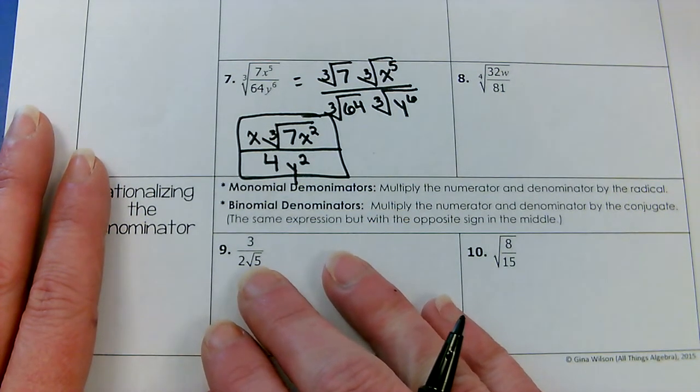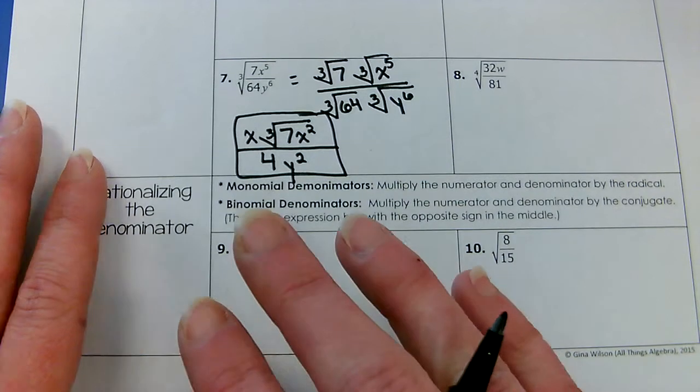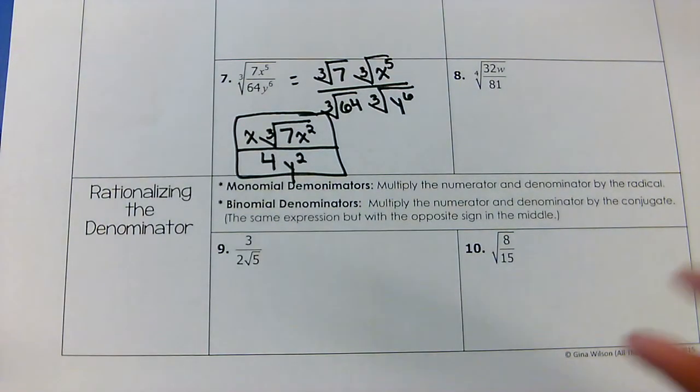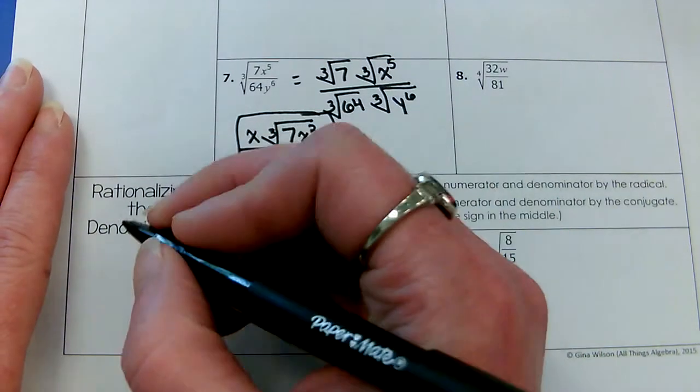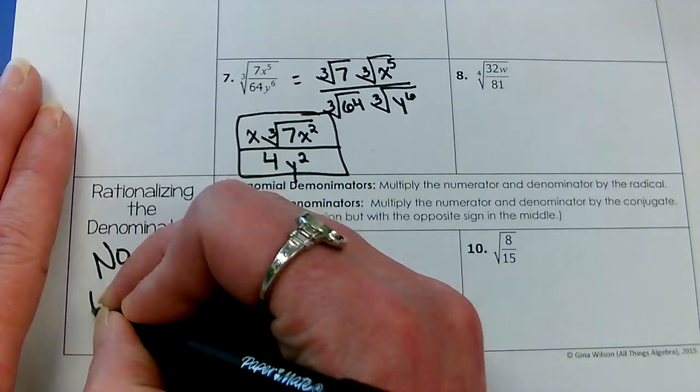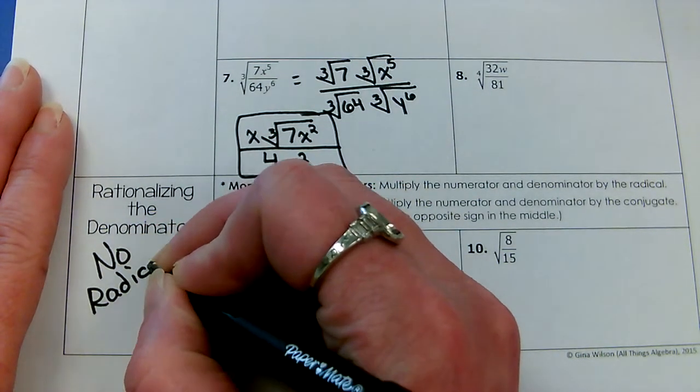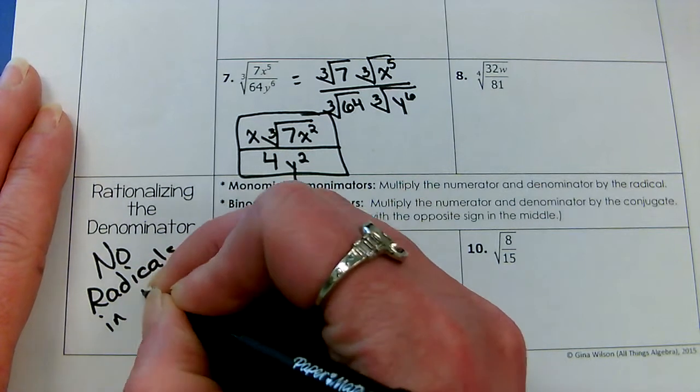So it was really hard to divide by a square root. So traditionally, we preferred to have it as a multiplication. We did not ever want to have a radical in the denominator. So rationalizing the denominator means no radicals in the denominator.